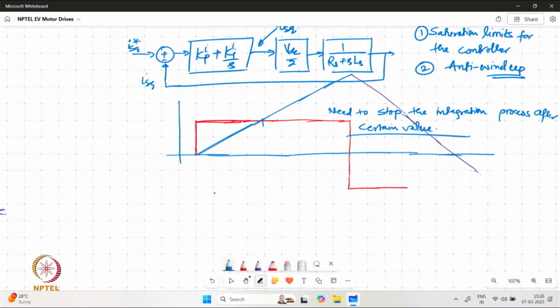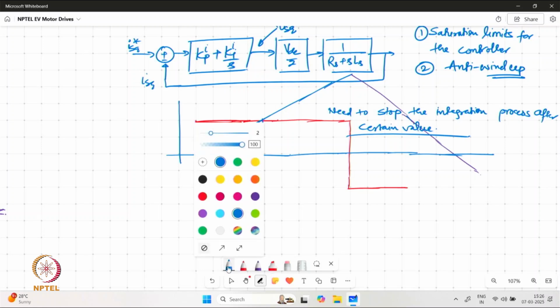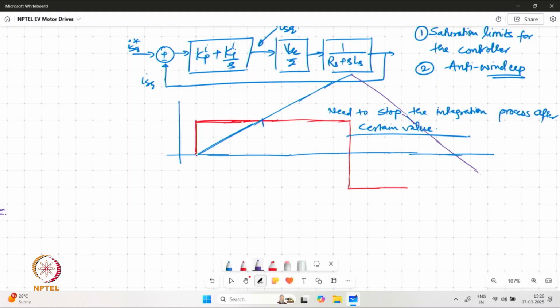So what is done essentially is that as this integrator is moving further and reaching a value which is near close to the maximum value possible for the control signal, we need to stop the process of integration, and that is what can be called as the anti-wind up technique for this integrator.